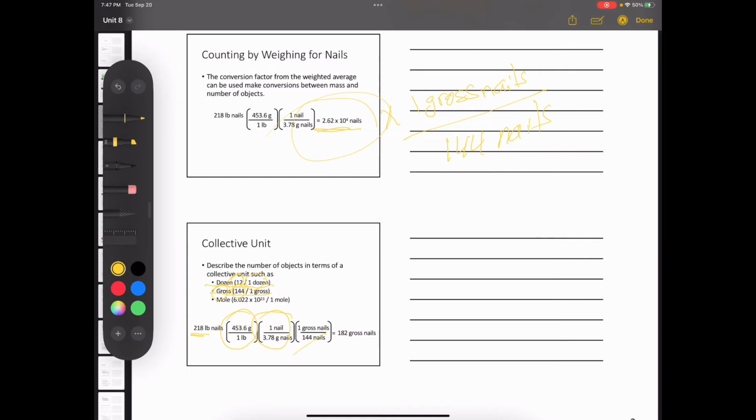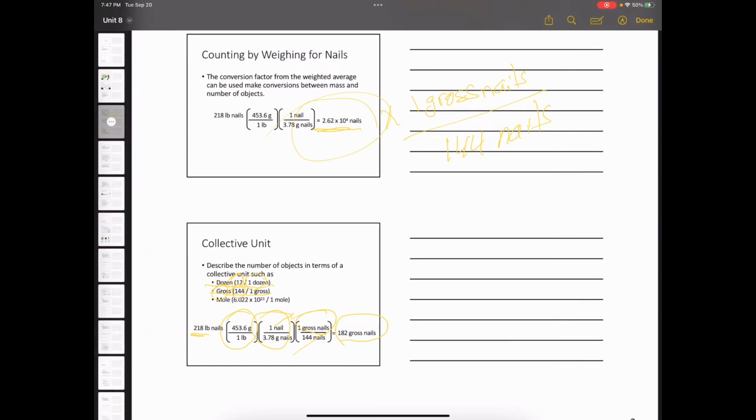So the nail will cancel out with a nail. And then you will end up with 182 gross nails, which would be a number that is easily understood by an average person probably.